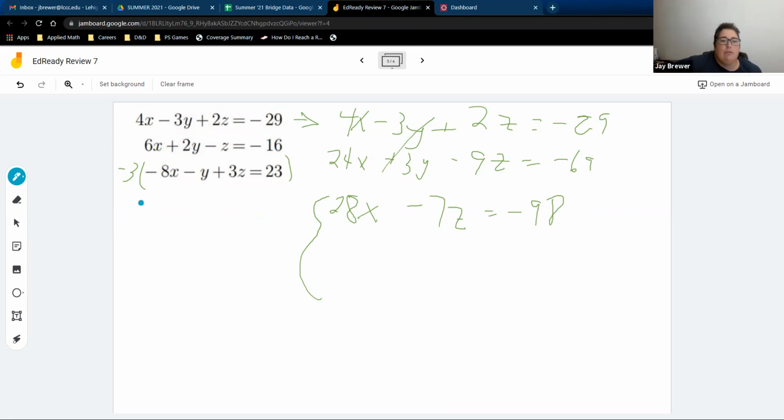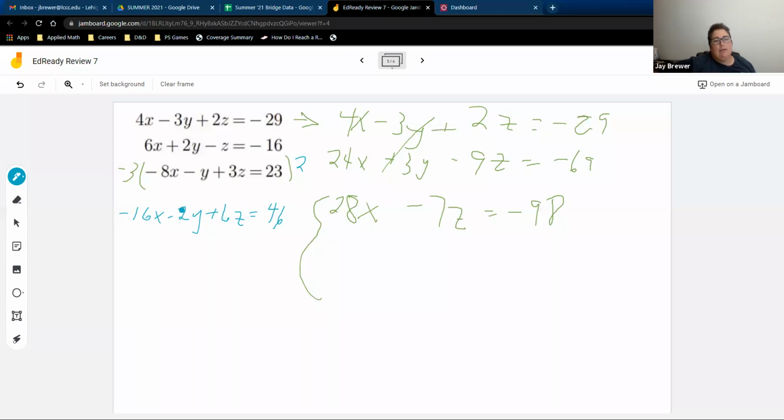So 2 times negative 8 will give us a negative 16x. Nope, I was looking up at the top. My apologies. Looking at the one. Minus 2y plus 6z, there we go, equals 46.